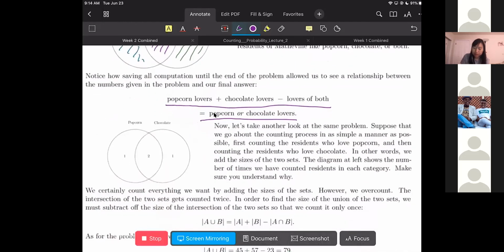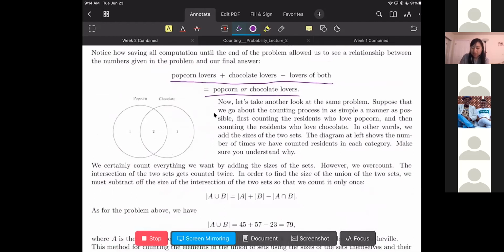Another way to look at this is to go about the counting process as simply as possible. Let's first count how many people love popcorn, then count how many people love chocolate. So that's this number of popcorn lovers here, number of chocolate lovers here.